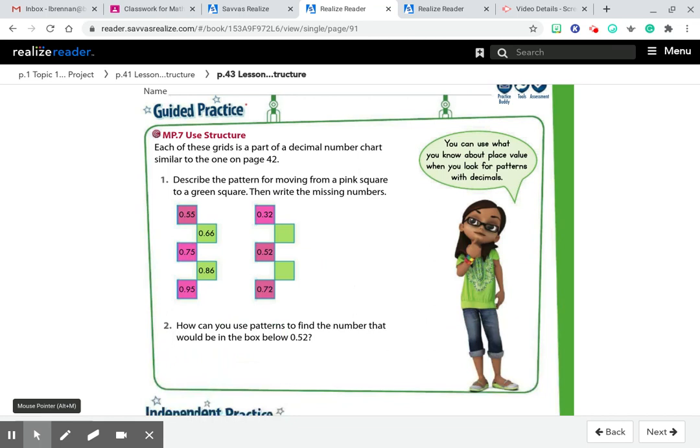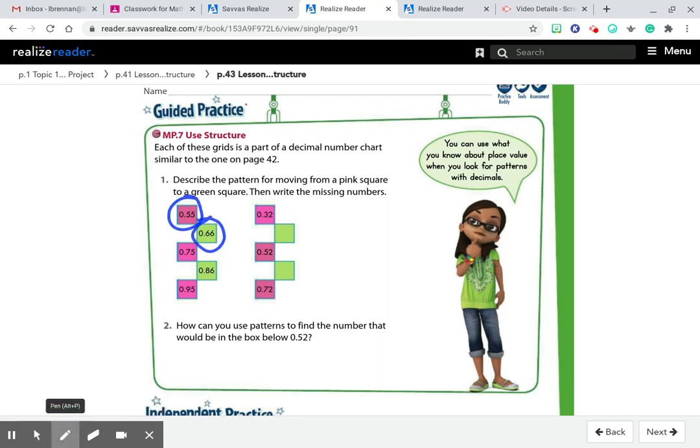Describe the pattern for moving from a pink square to a green square. Then write the missing numbers. So if you notice, to go from a pink to a green, we're going from the pink to the green.